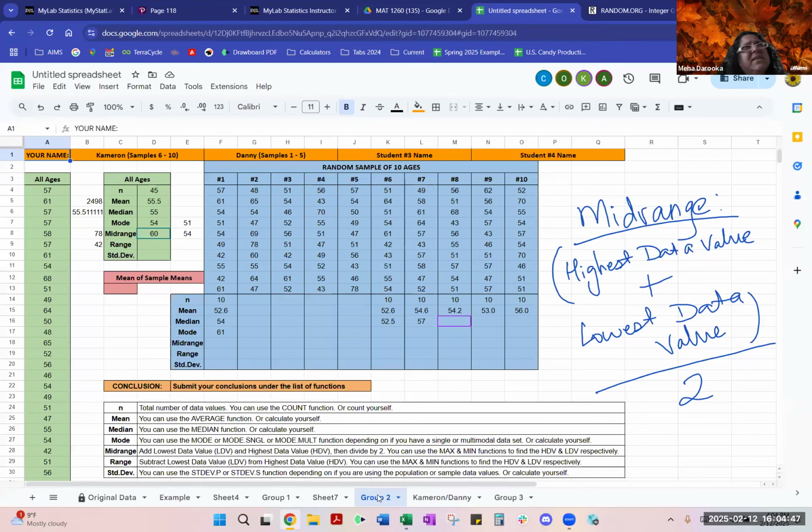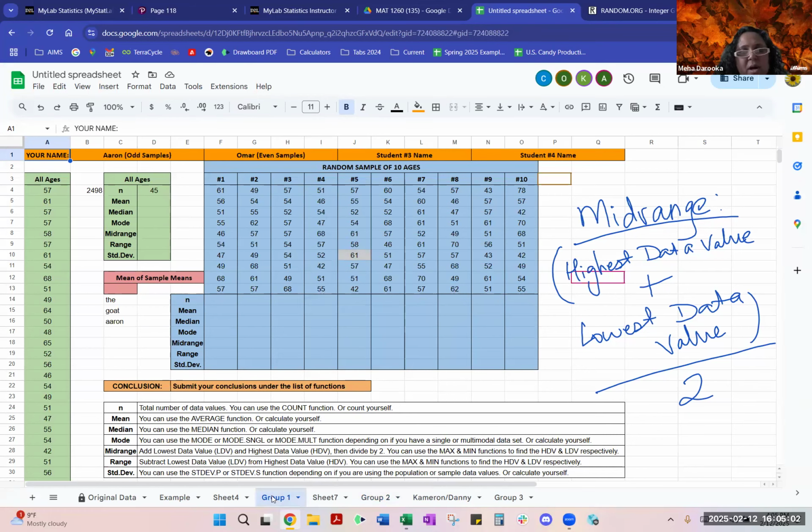And then every now and then, I think it gives you an NA or an error message if you do not have a mode. That means you actually did not have a mode in your data set. So that's always a possibility.